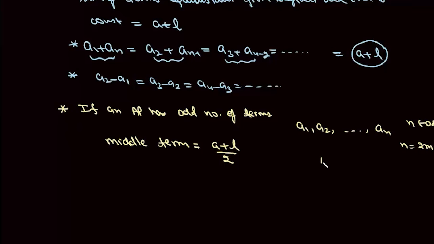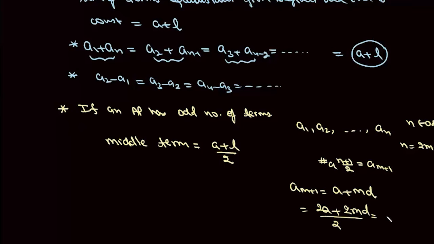Now we know that its middle term will be the (n plus 1) by 2th term, that is the (m plus 1)th term, and this (m plus 1)th term will be a plus m into d. Now we can write this as (2a plus 2md) by 2, which is (a plus a plus 2md) by 2. Now a plus 2md is your last term, so it will be equal to (a plus l) by 2.